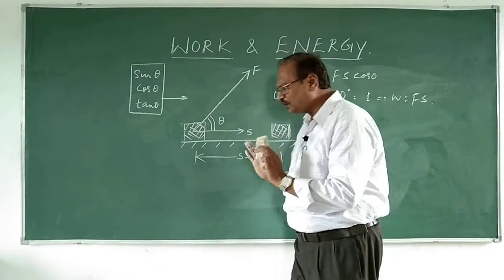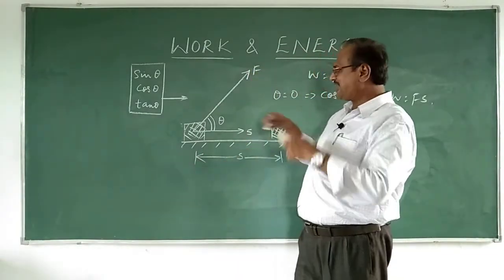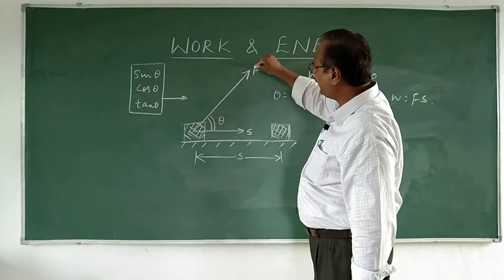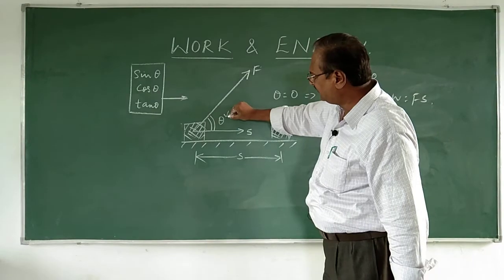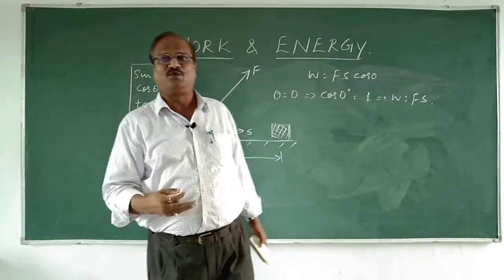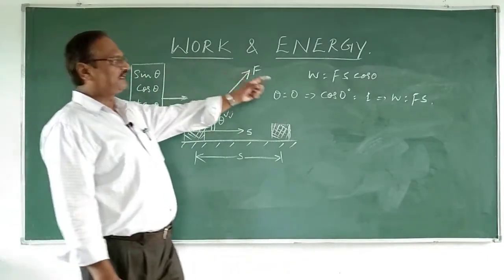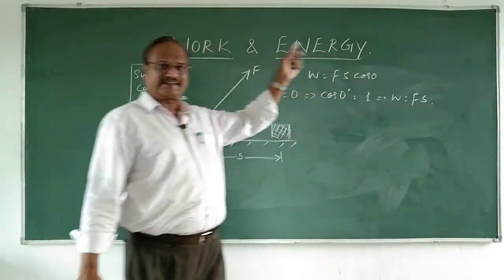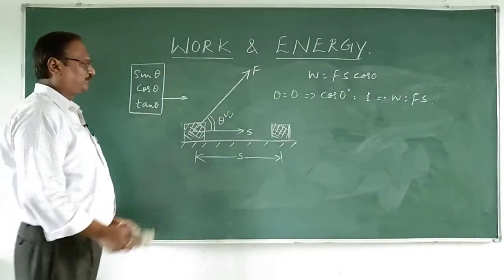They will not push the roller like this or pull it like this. They will pull it at an angle. So when they pull it at an angle, the force applied and the displacement will have an angle. When there is an angle, you have to account for that angle, the degree. That's why the term cos theta has come here, which you will learn in senior classes. This is an introduction for you.